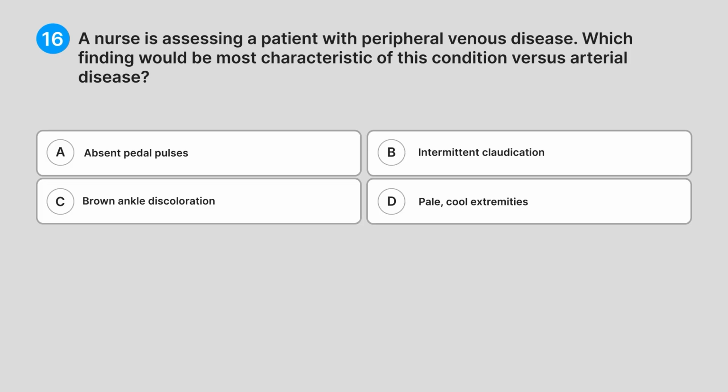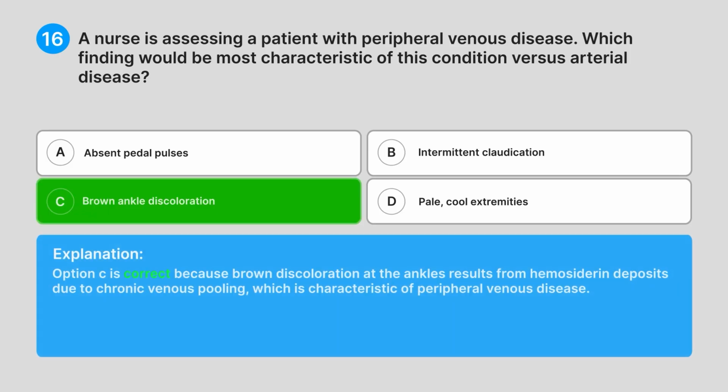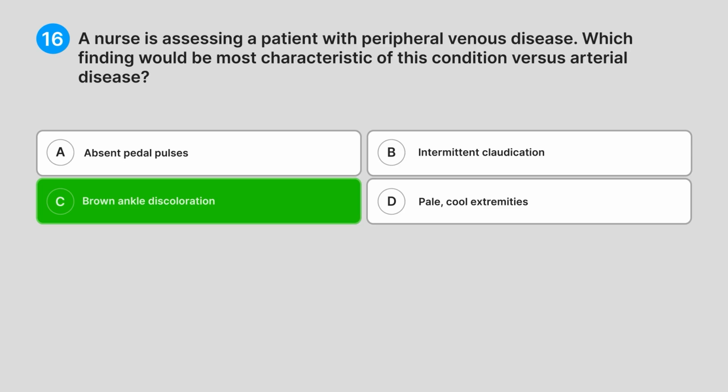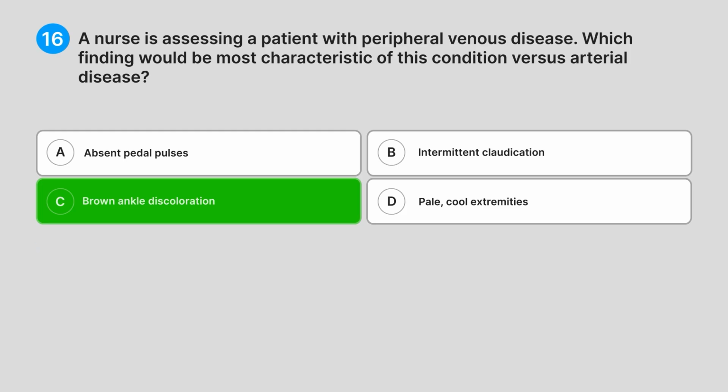Correct answer, C. Brown ankle discoloration. Explanation. Option C is correct because brown discoloration at the ankles results from hemosiderin deposits due to chronic venous pooling, which is characteristic of peripheral venous disease. Option A is incorrect because absent pedal pulses indicate arterial disease with compromised blood flow, not venous disease with normal arterial flow.